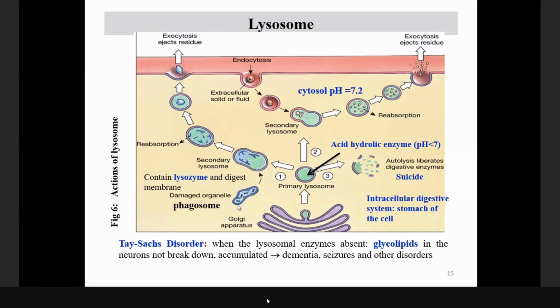Not only the worn out or damaged organelles can be taken by the lysosomes, even when bacteria or a virus is engulfed by your immune cell, it should be taken by the lysosomes, which process and break it down, and then excrete it out from the cell, and that's again called exocytosis.